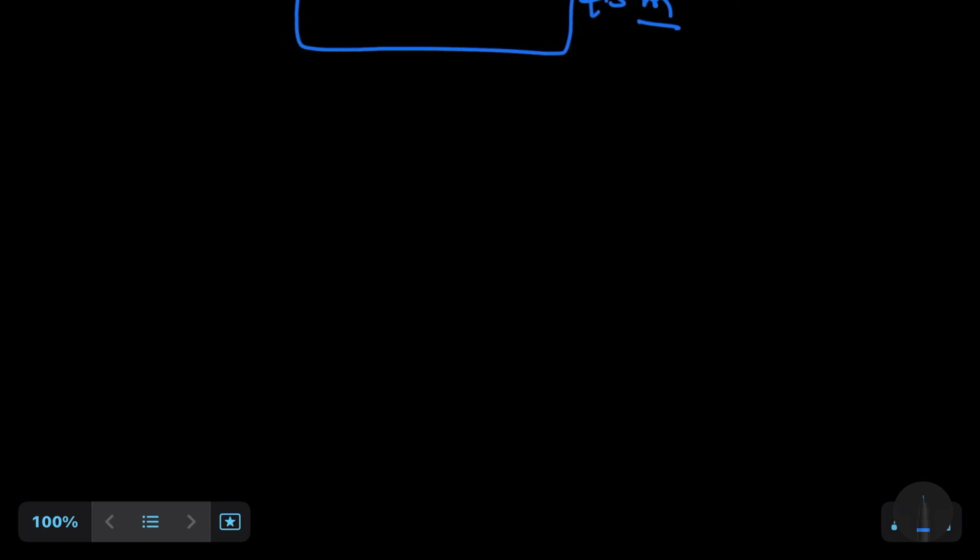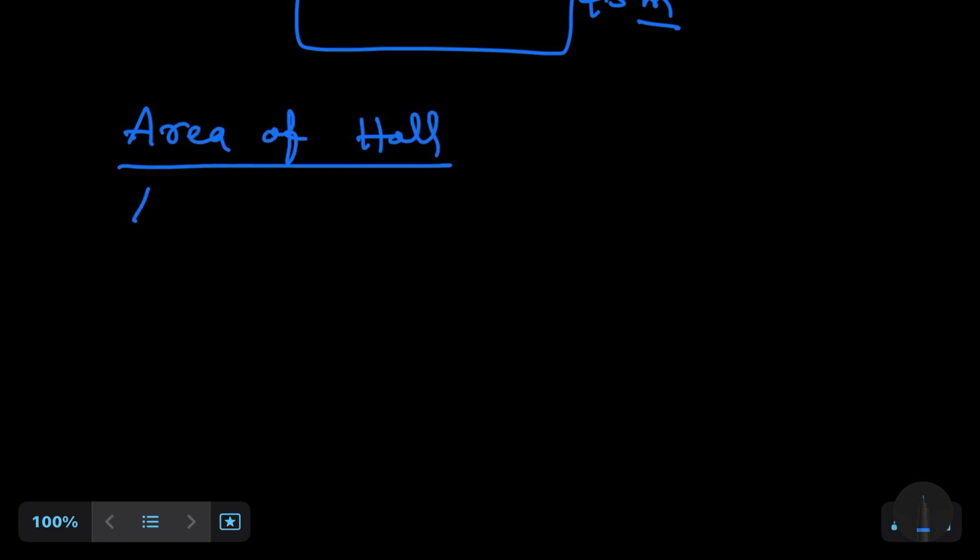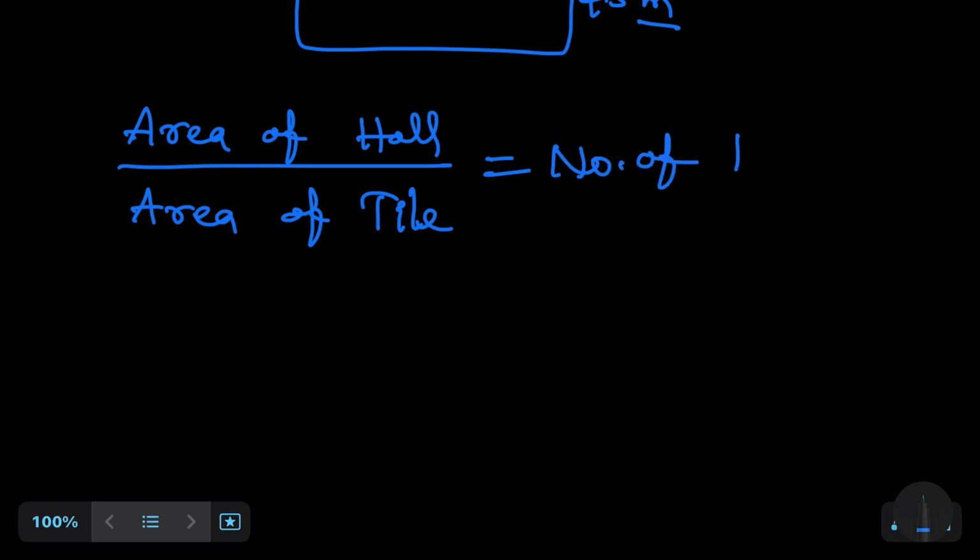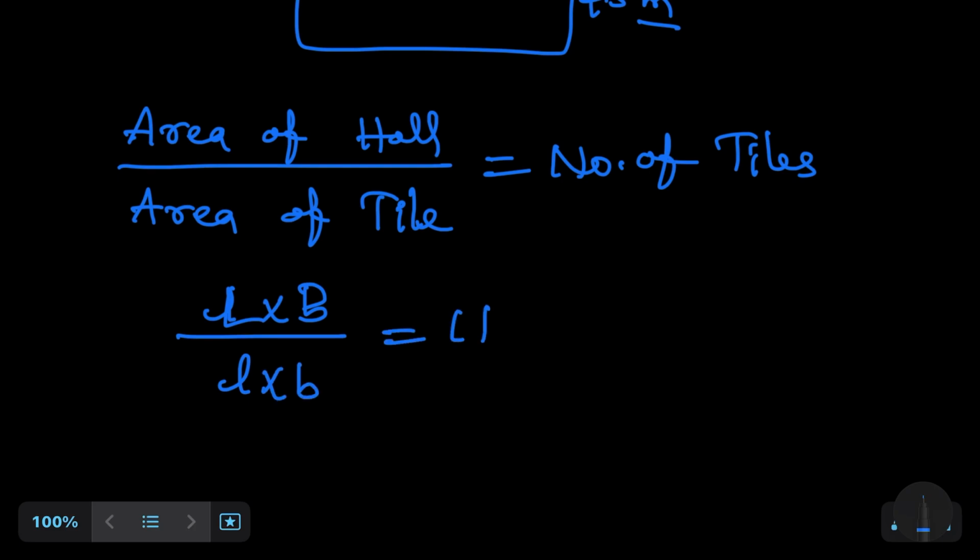Find out the area of the hall. Area of hall by area of tile is equal to number of tiles. Area of hall is length into breadth, capital LB by small lb is equal to number of tiles.